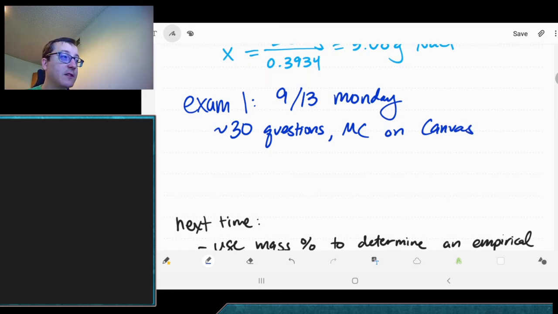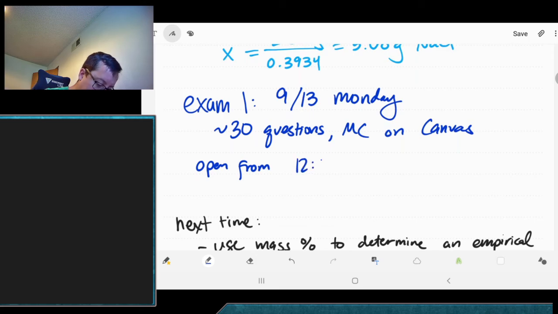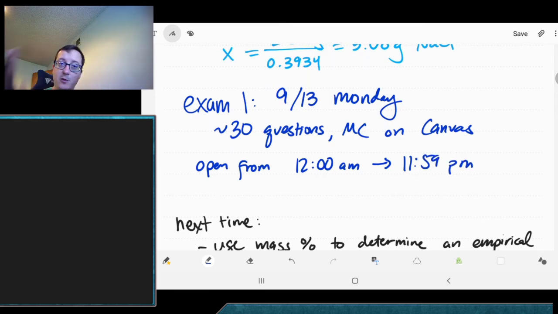It's multiple choice on Canvas. On Monday, you will log on anytime you want. It is open from 12 a.m. midnight to 11:59 p.m., so you have 24 hours on Monday to take this exam. I think the time limit is going to be about an hour.